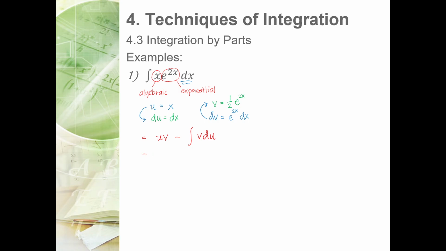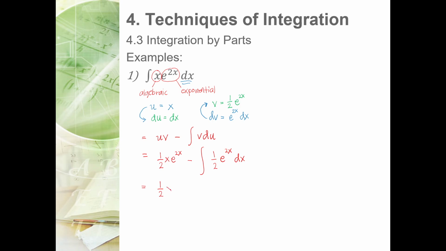Okay, so uv, that would be x times 1/2, or you can just say it as 1/2 x times e raised to the power of 2x, and then minus v du. That would be 1/2 e raised to the power of 2x, and du is just dx.